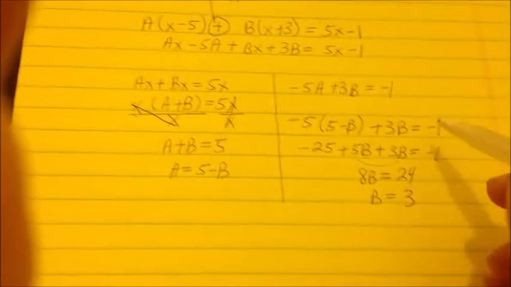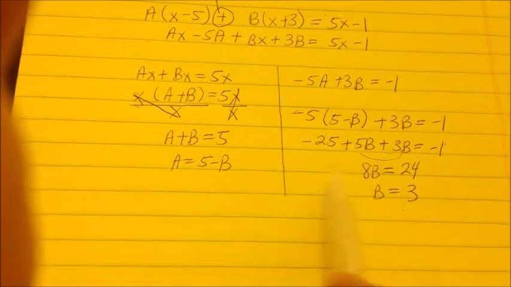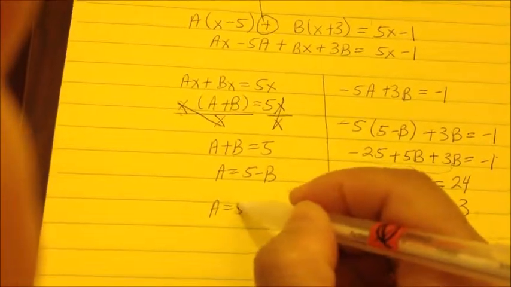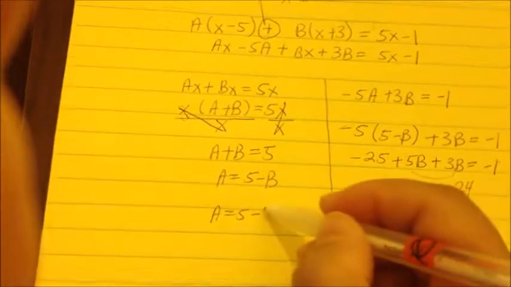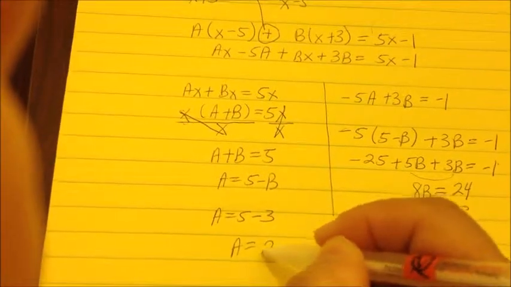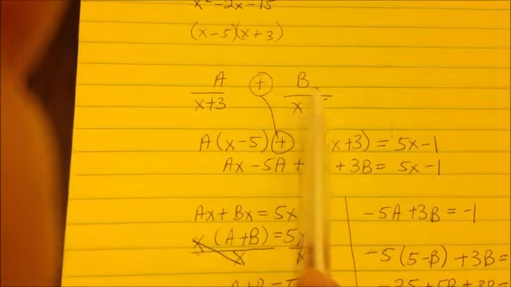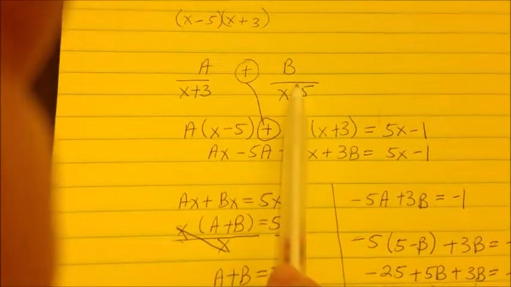Again, we're not done with this problem because I need to put the B back into this equation and figure out what A is. So A is equal to 5 minus 3, so A is equal to 2. We found out what A is and what B is, but those were the numerators of the partial fractions. So let's put them back into the partial fractions.